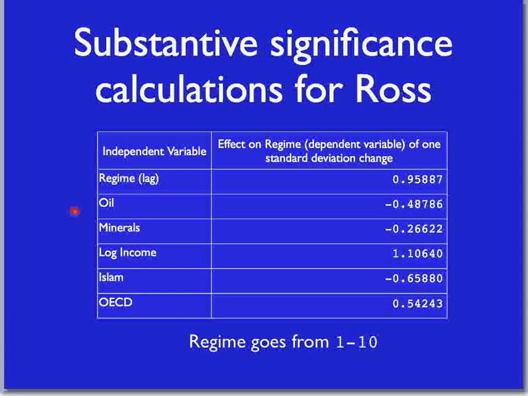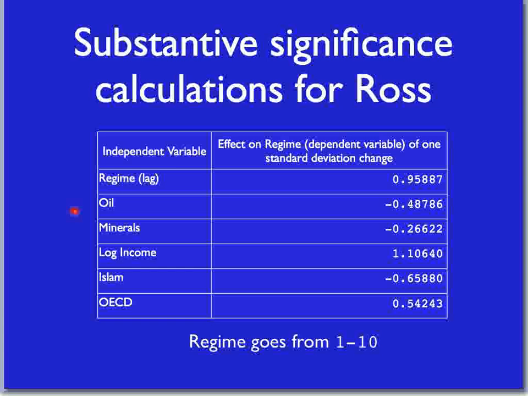So if he had done this substantive significance calculation, he probably would have had to talk about his results in a very different way. So this illustrates to you why it's really, really important to remember the difference between substantive significance and statistical significance.